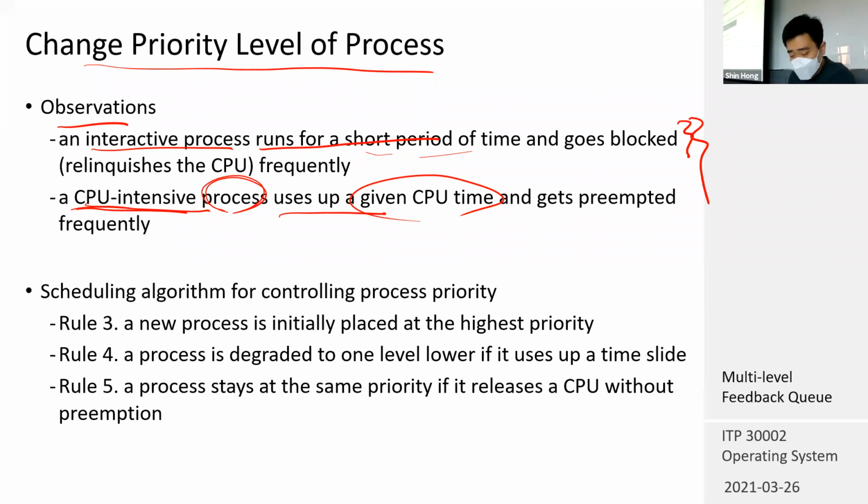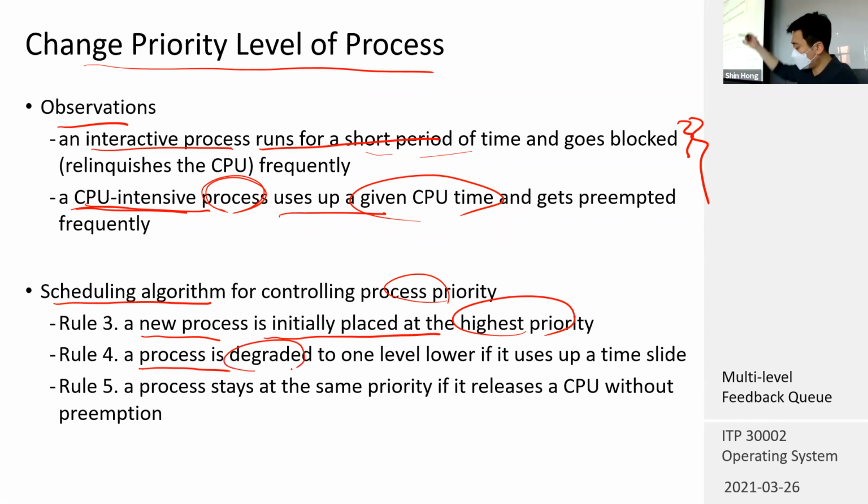So by observing these events in CPU execution time, we can capture the strategy, a scheduling algorithm for controlling the process priority. At the beginning, each process is initially placed at the highest priority, which means it is placed on the highest priority queue. Then the process gets degraded to one lower level if it uses up a time slice.